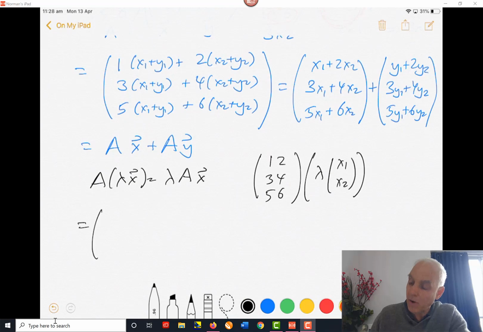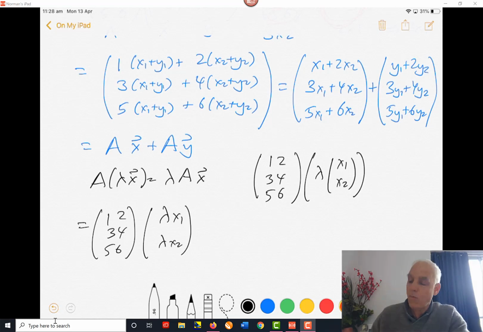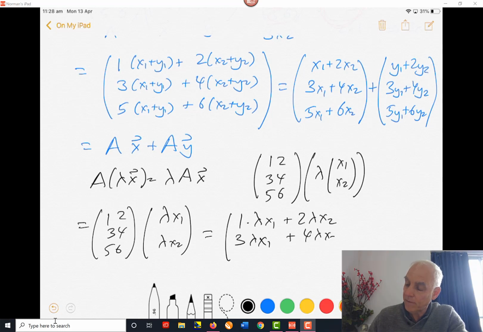That's going to be 1, 2, 3, 4, 5, 6 times the vector lambda x1, lambda x2. When we do the matrix multiplication, we're going to get 1 times lambda x1 plus 2 times lambda x2, 3 times lambda x1 plus 4 times lambda x2, and 5 lambda x1 plus 6 lambda x2.